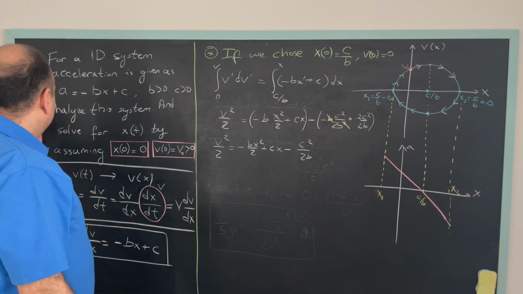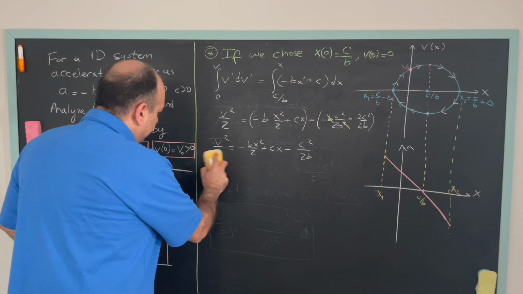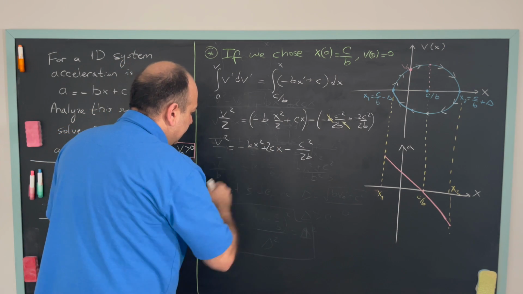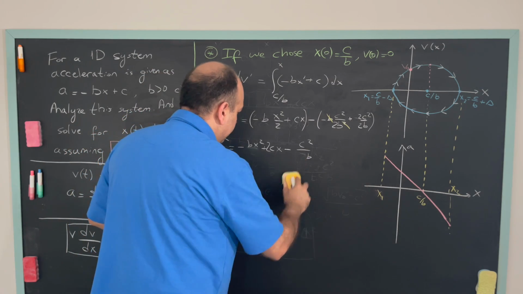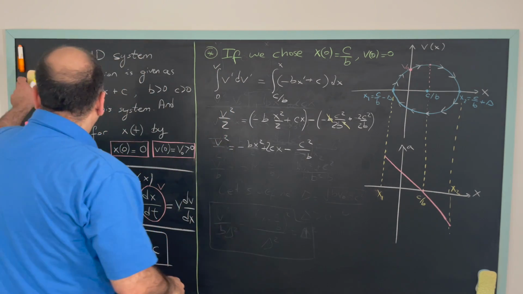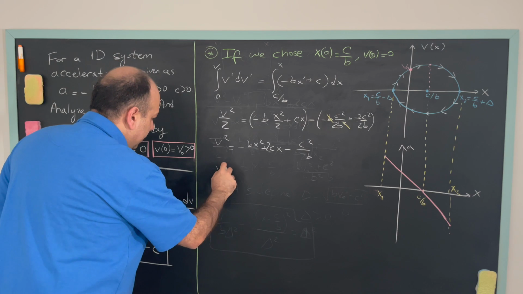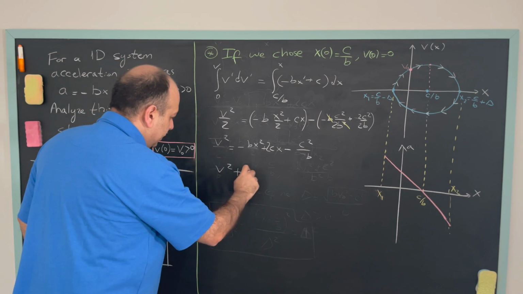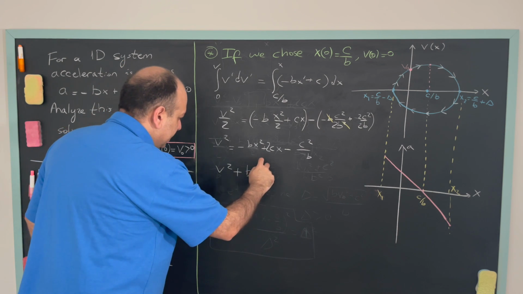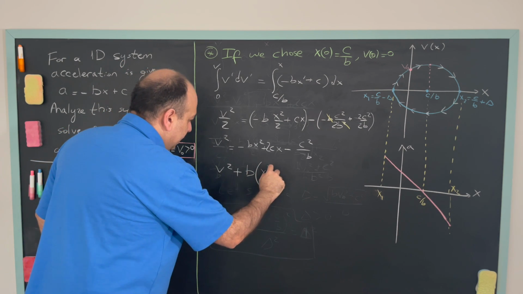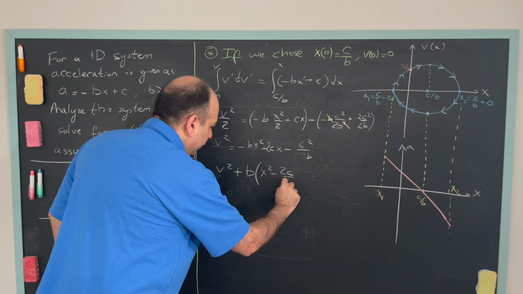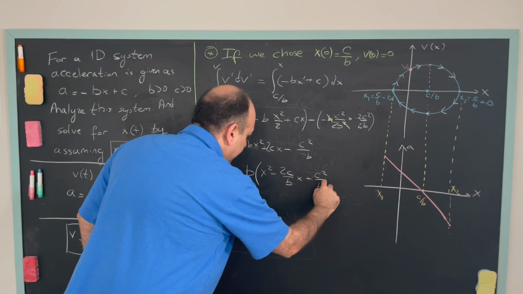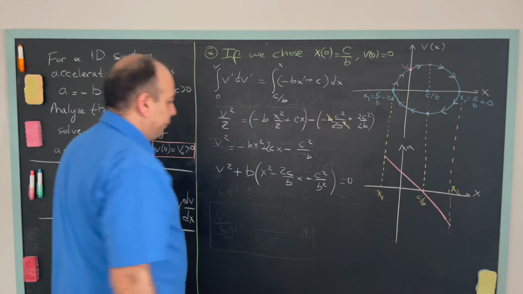Okay? So if I multiply everything by 2 and put everything on this side, I'll have v squared plus, and I'm going to put everything in b parentheses, b times x squared minus 2c over b x plus c squared over b squared is equal to 0.